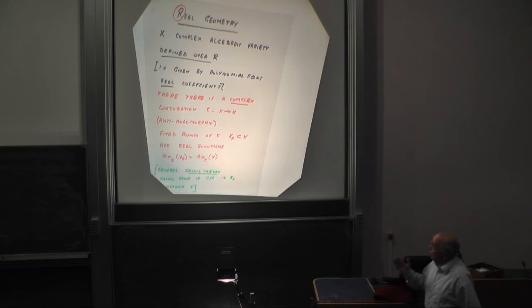So what you have is a complex manifold X, and a map from X to itself, which is anti-holomorphic. Conjugation is anti-holomorphic. And the fixed point set has the same real dimension as X has a complex dimension. So if X was a Riemann surface, X_R would be a real curve. So these are the real points, and they are fixed points of the involution.